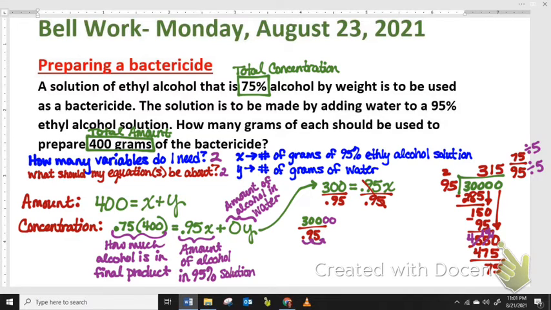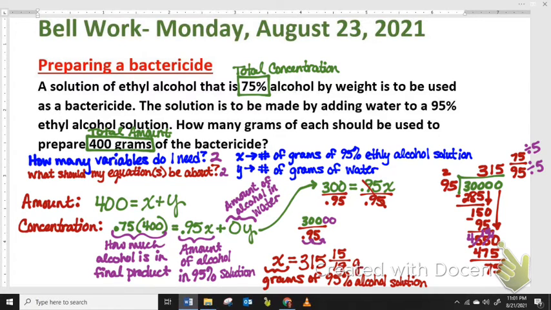So for x, which is the grams of the 95% solution, it's 315, and then I need my fraction here. What is 75 divided by 5? 15 over 19.